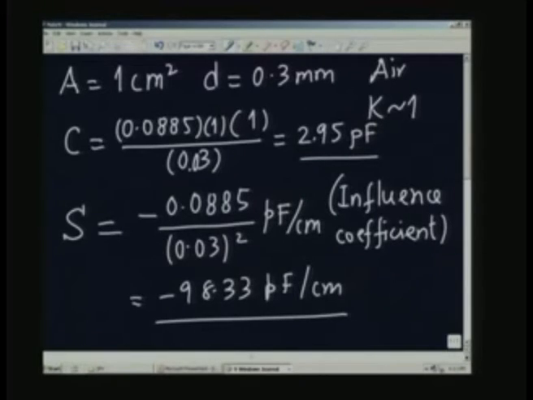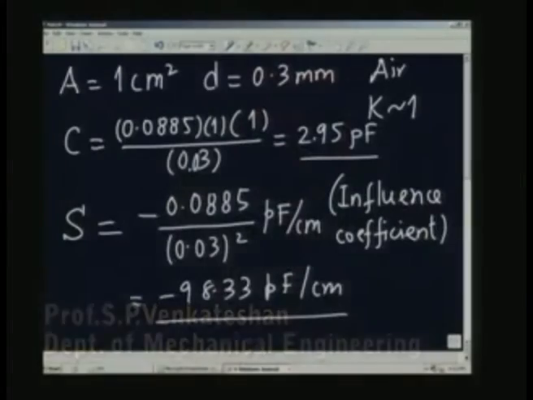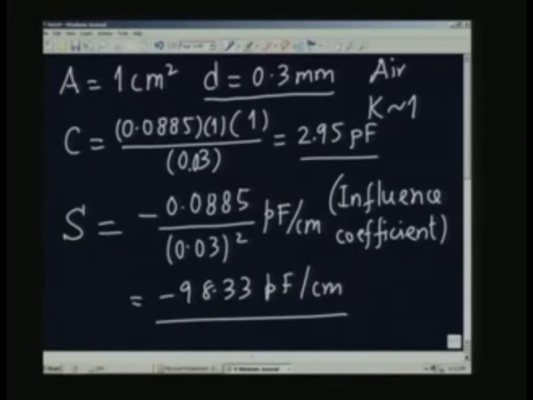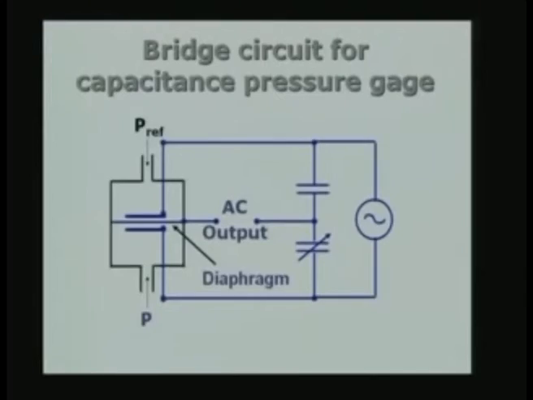So, this basically characterizes the particular diaphragm gauge. If we know the material, of course, in this case I have taken air as the intervening medium. If I know the initial gap between the two plates, and if this initial gap changes by a small amount because of the application of pressure, the change in the capacitance will be given by the expression S equal to minus 98.33 picofarad per centimeter.